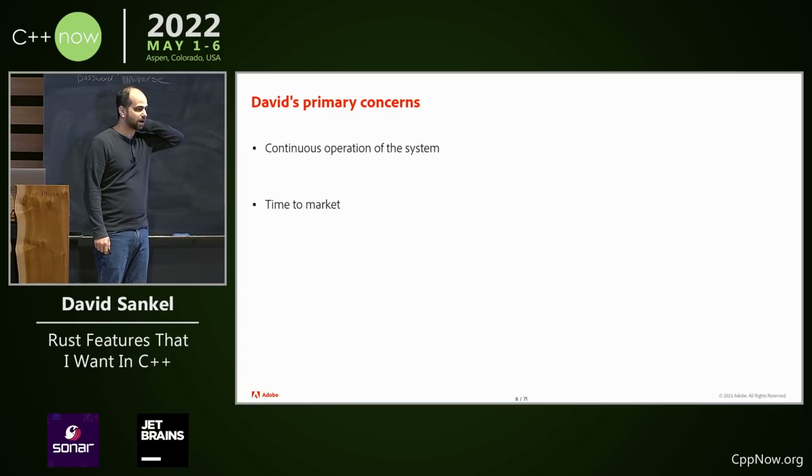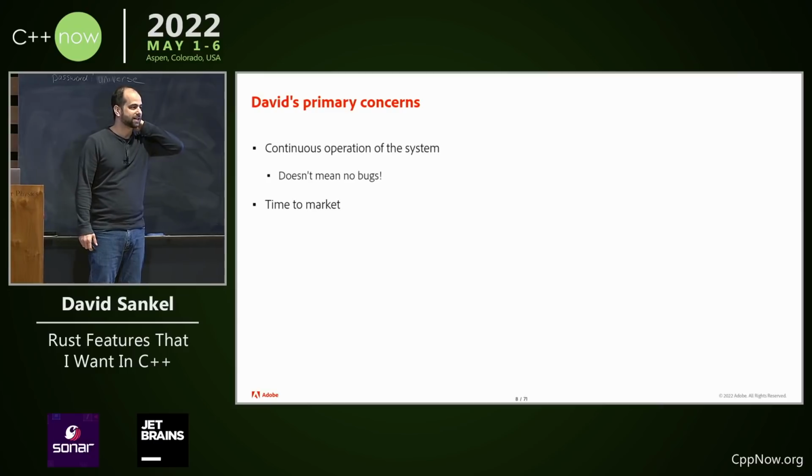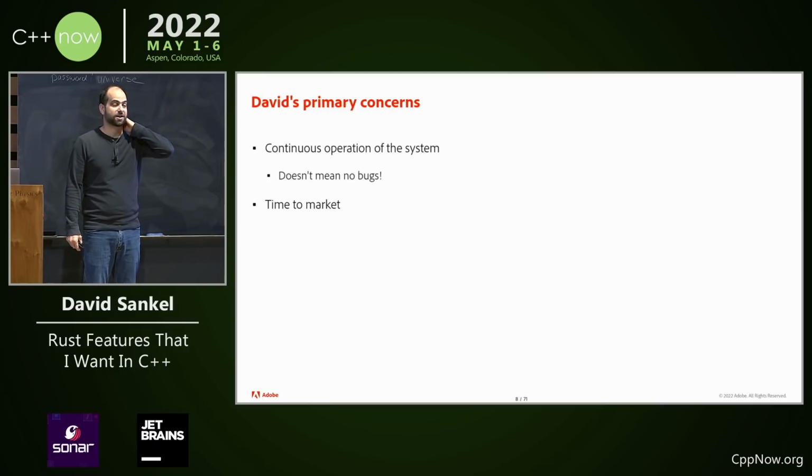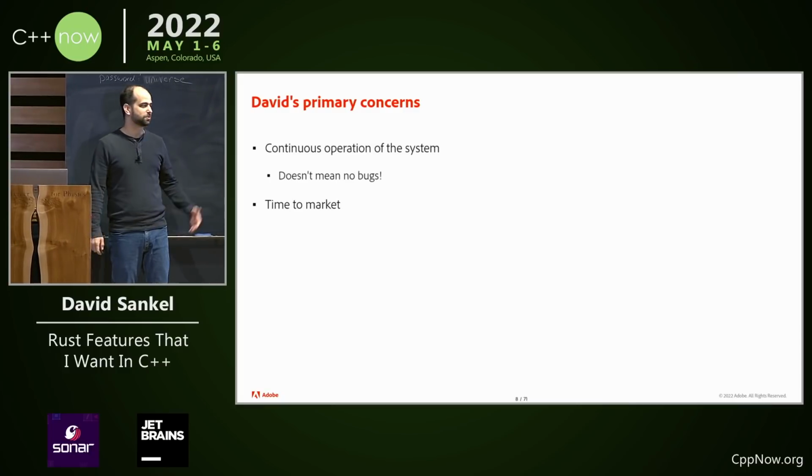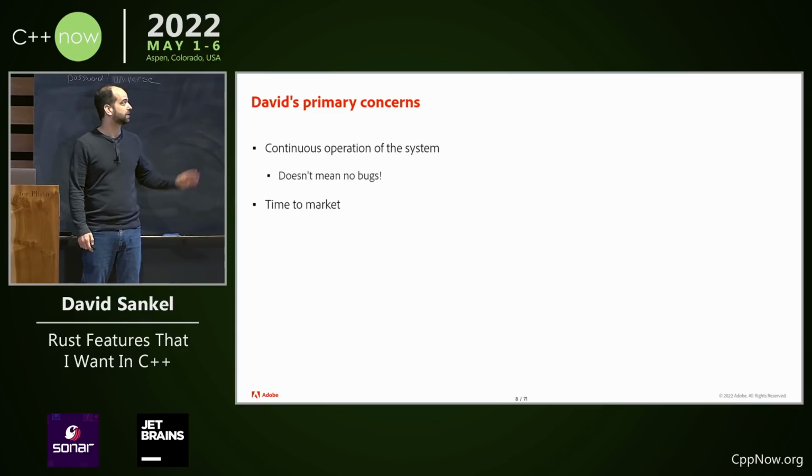If the system goes down, that's a big problem. This doesn't mean that I need these systems to have no bugs. I don't care if it has a bug. I care if it has a bug that's actually going to impact a user in a big negative way, right? So there's an important distinction there. And even if the thing works properly, if a user complains about something, that's a problem. So I care about that.